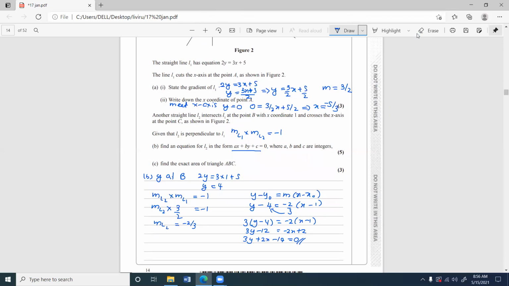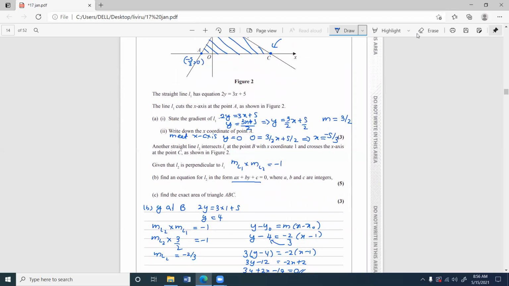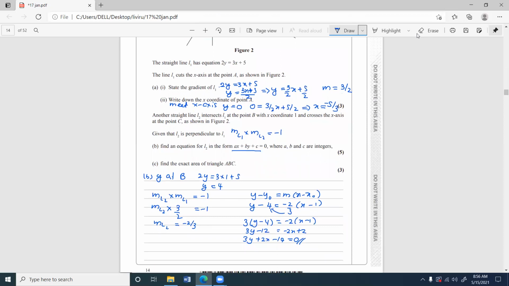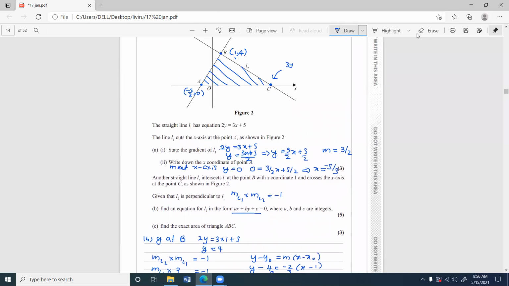Then we need to find the area of the triangle ABC. That means they are referring to this area, right? To find this area, we know these coordinates, but first we need to find the coordinate of C. Here, we already found the equation of the straight line: 3y plus 2x minus 14 equals 0.